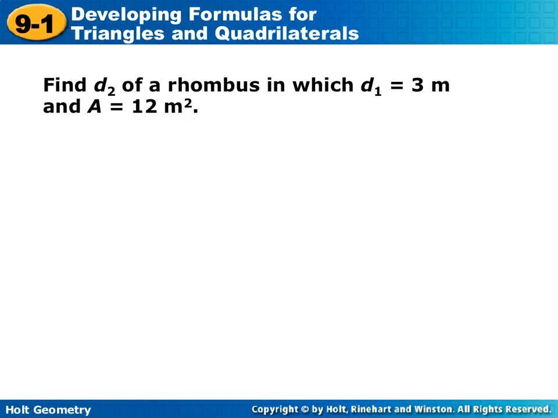Find the second diagonal of this rhombus, and I think we'll end on this one and then get started on our worksheet, unless I forgot something, but I think there's different areas. Okay, so find the second diagonal of this rhombus. I'm telling you the first diagonal is 3 meters. The total area is 12 square meters.